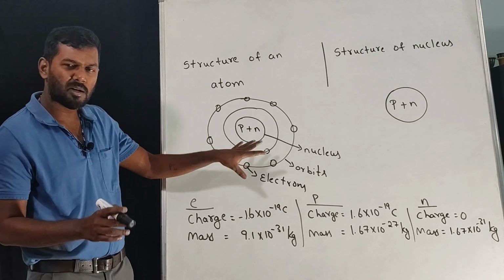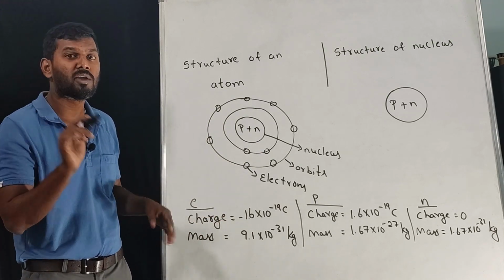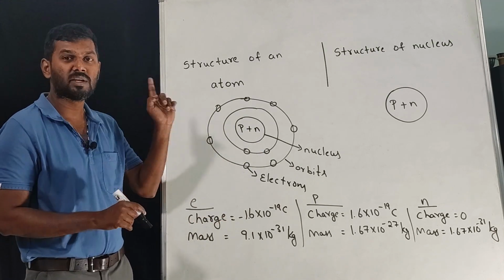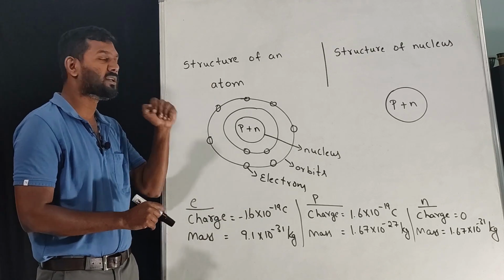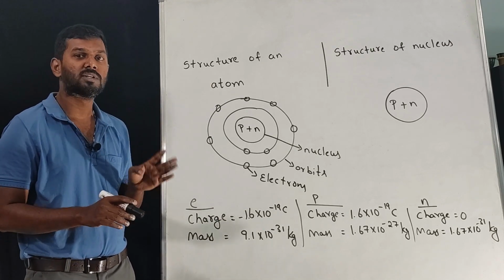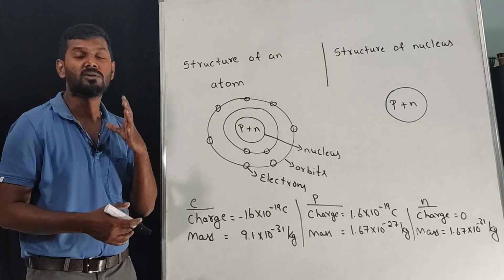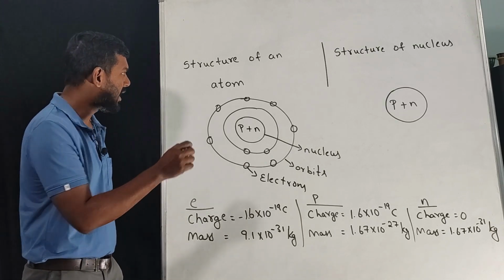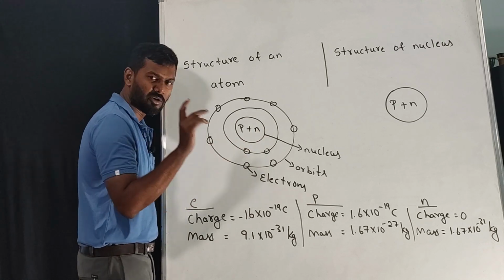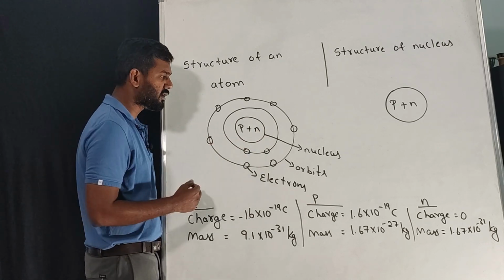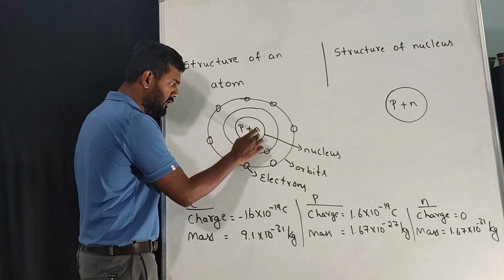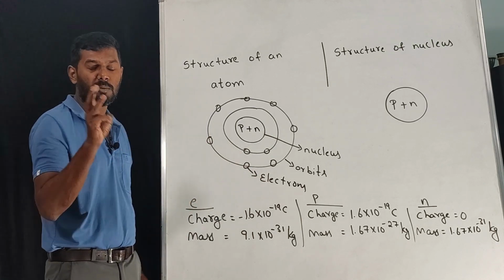So this diagram they are not going to ask, but one thing you need to remember is the three constituents of atom. They may ask you directly, or they may ask what are the main constituents of atom. The main constituents of atom are protons, neutrons and electrons. Keep this in mind.